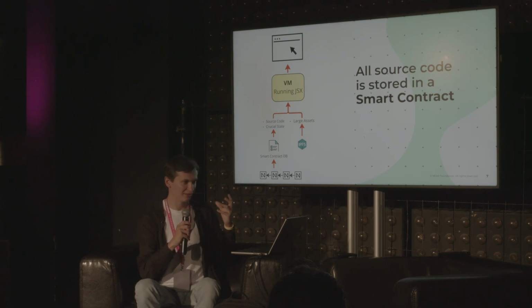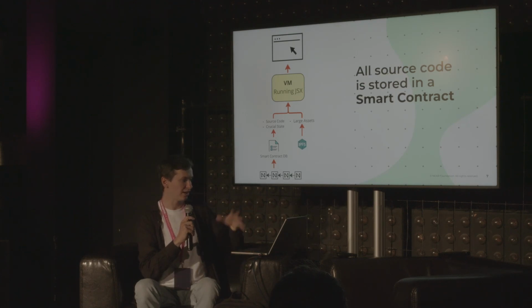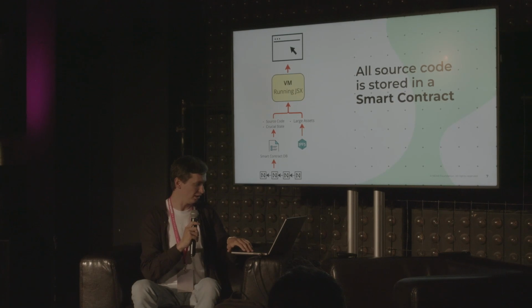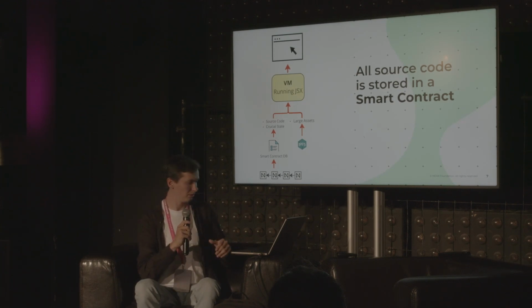It's just a small VM which can execute JSX code in browser, and you basically store large assets still on IPFS, and do your coding in smart contracts in your language of choice, platform of choice, while the UI is also stored on the blockchain. We currently use NEAR, and there are some benefits of that, so we'll cover that in a little bit.